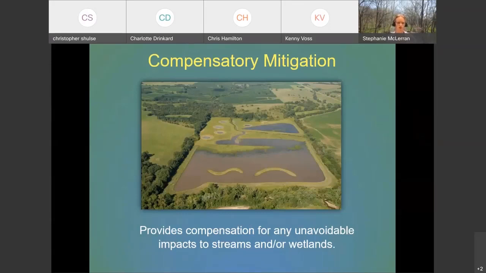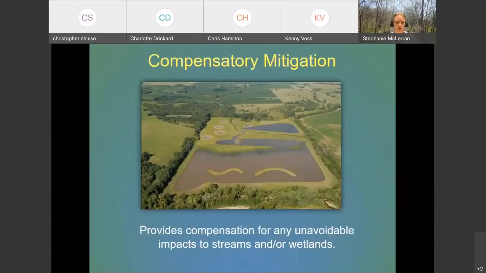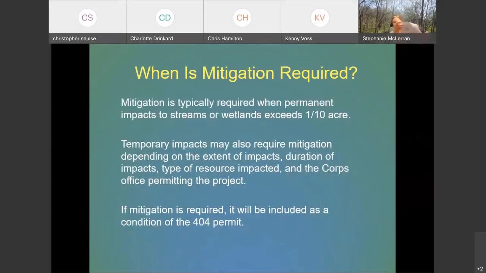This is a picture of Bear Creek mitigation area in Macon County. This was site-specific mitigation for Route 36. Next to it, I don't know if it's in the picture, but Bear Creek Mitigation Bank is just out of the picture. When is mitigation required?